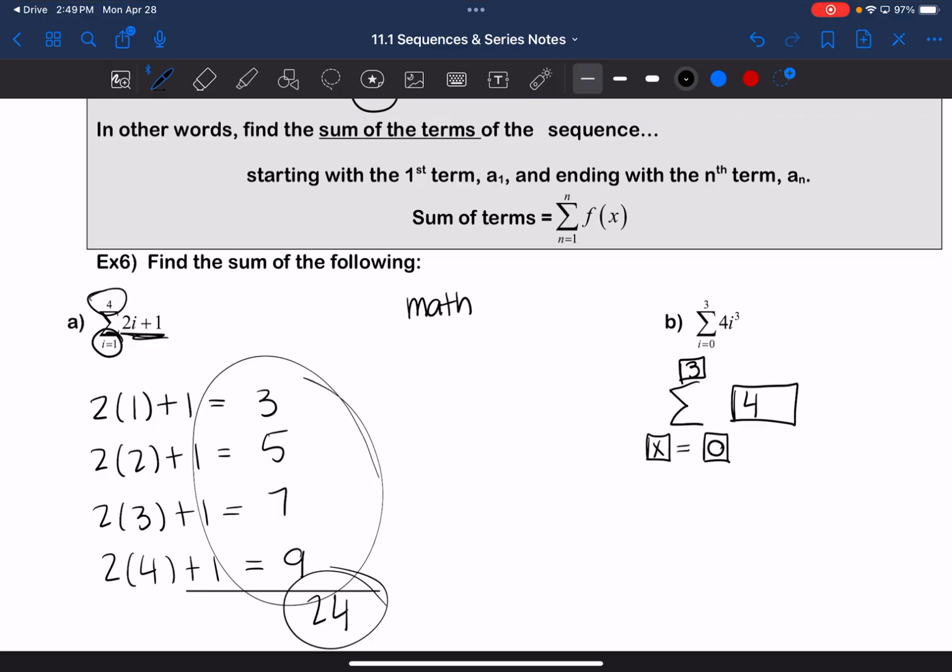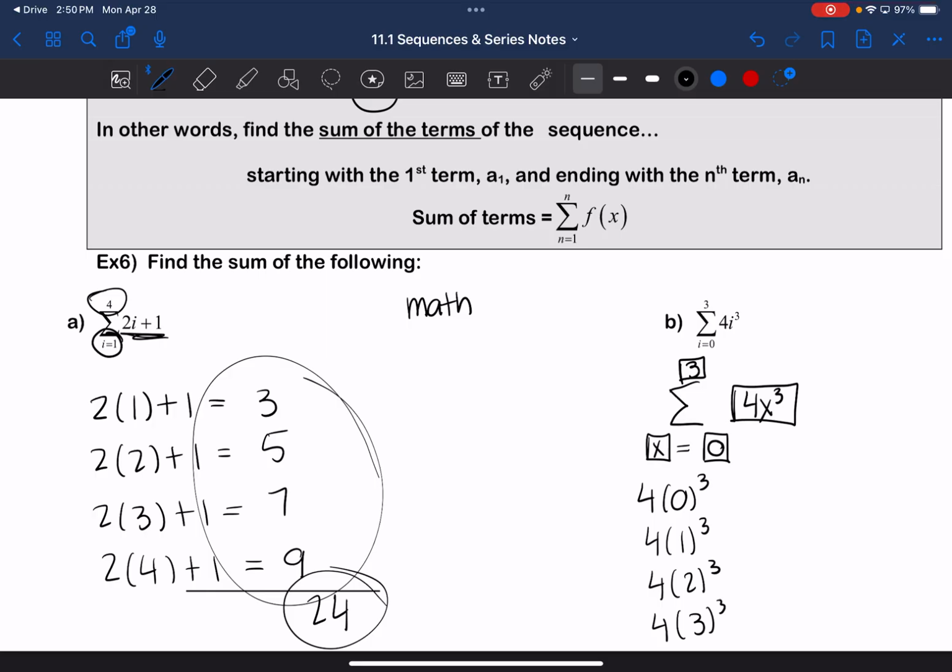And then I just plug in the rule. So 4 times whatever variable you used at the bottom, we'd use here. So I'd put an x cubed there. Which is the same thing as your calculator finding 4 times 0 cubed, 4 times 1 cubed, 4 times 2 cubed, and 4 times 3 cubed, and adding them all up. That's what your calculator is doing, right?